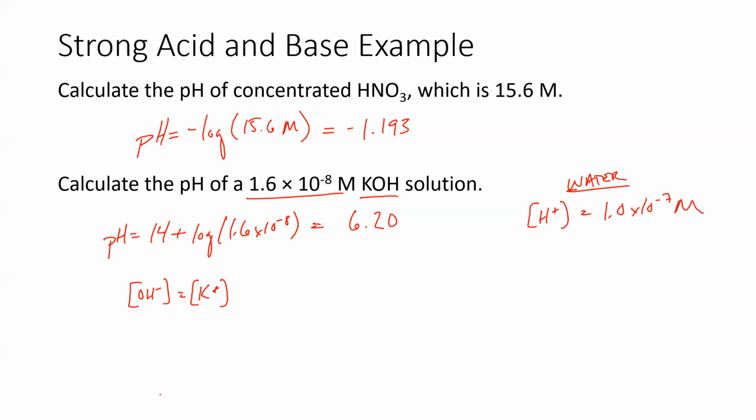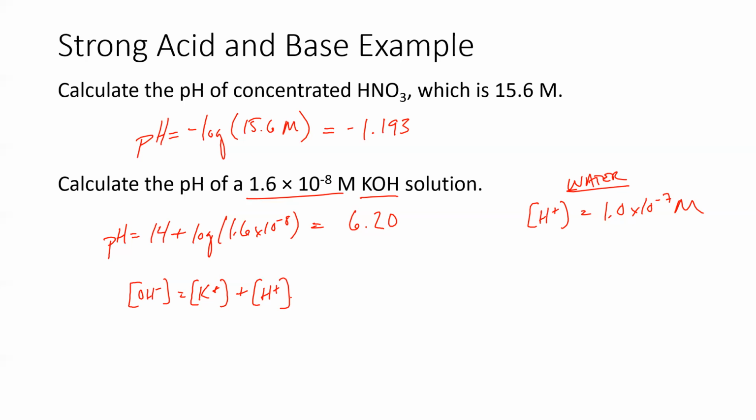For every KOH that dissociates, we get 1 OH minus and 1 K plus. But also, we get an OH minus for every water that dissociates. And so the concentration of OH minus has to equal the concentration of K plus the concentration of H plus.